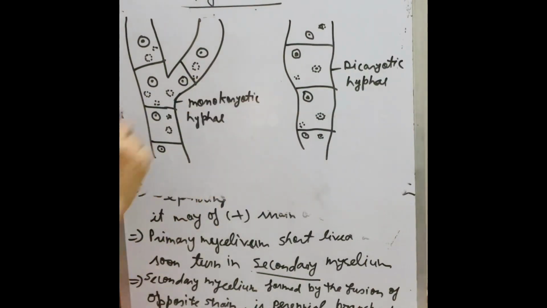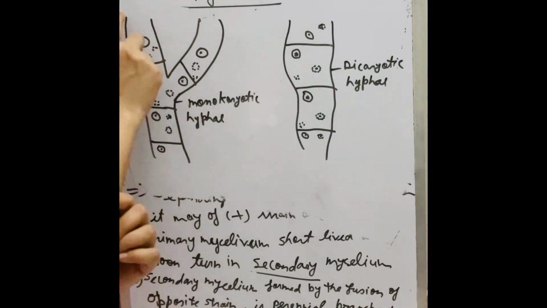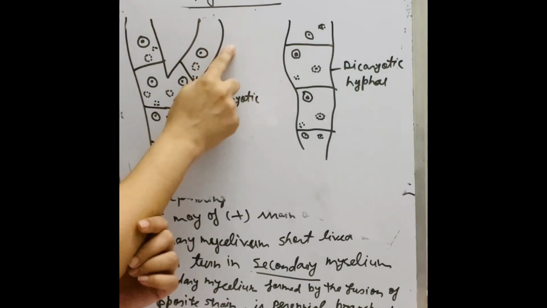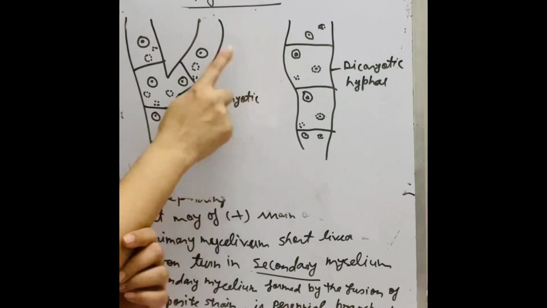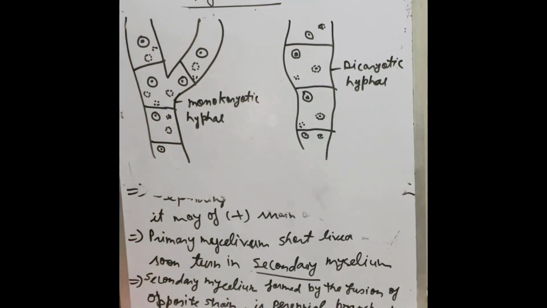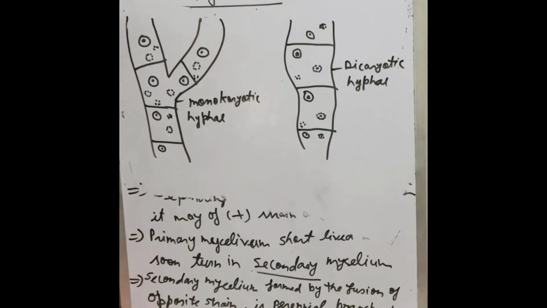The dikaryotic hyphae are formed by the fusion of positive and negative strains of primary mycelium. So this is the figure of the vegetative structure of Agaricus.